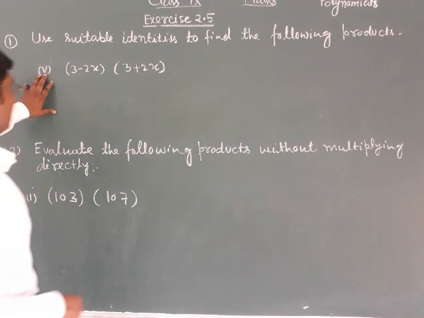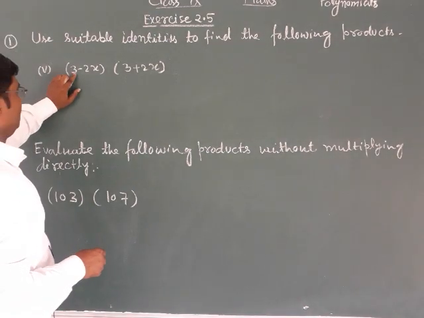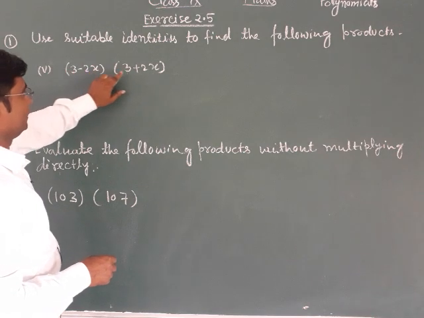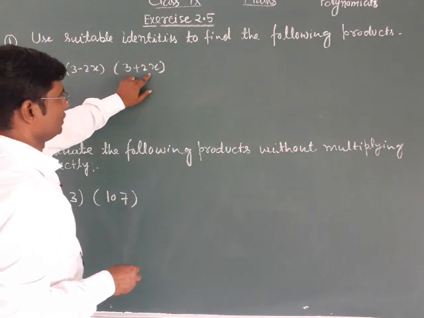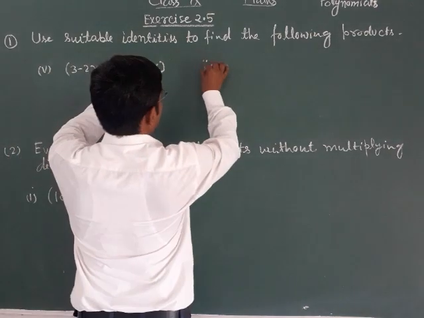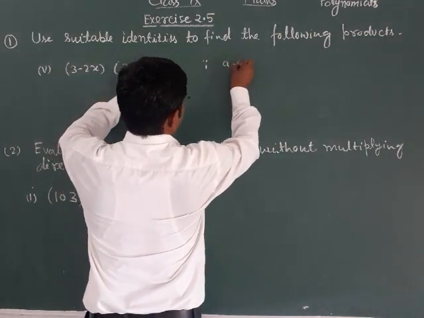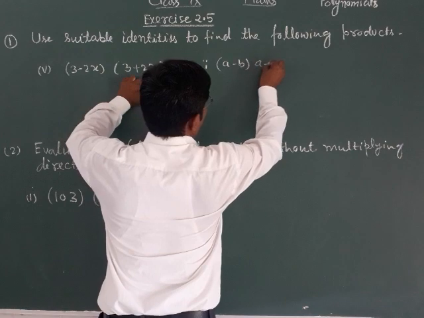And the fifth part: (3 - 2x) and another bracket (3 + 2x). Since we know that (a - b)(a + b) is a square minus b square, this is the identity. Now use this identity here. So 3 is a and 2x is b.